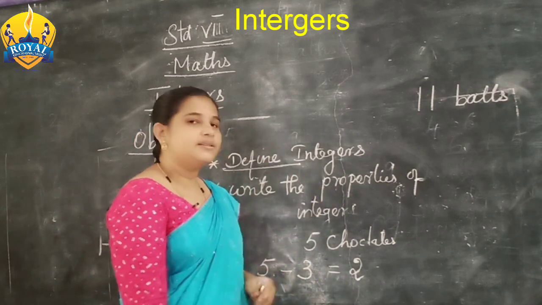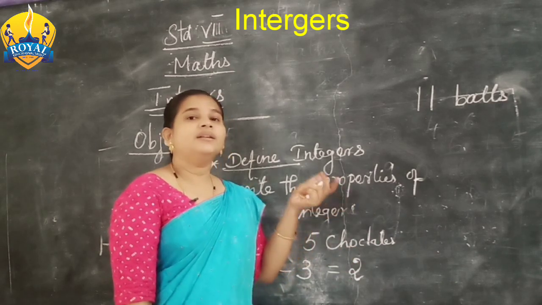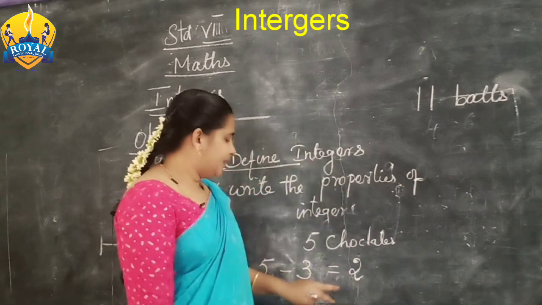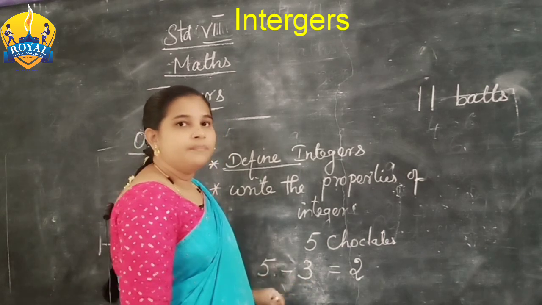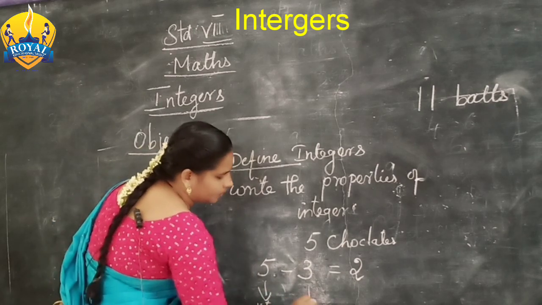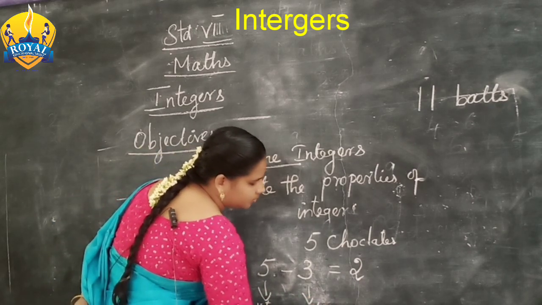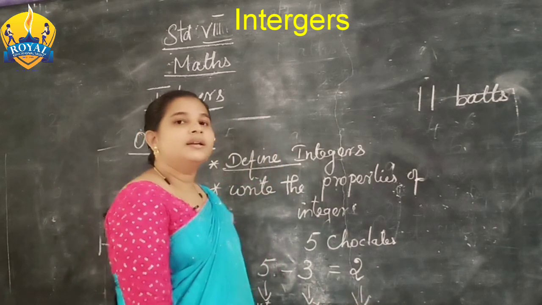In this example, we can see two different integers. 5 is an integer, 3 is an integer, which is equal to 2, also an integer.